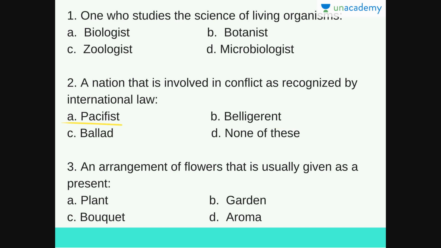A pacifist is a person who believes that war and violence are absolutely unjustifiable, a peacemaker who always wants peace around the world. And a ballad is a song or a poem that narrates a story in short stanzas. So the answer is B, belligerent.